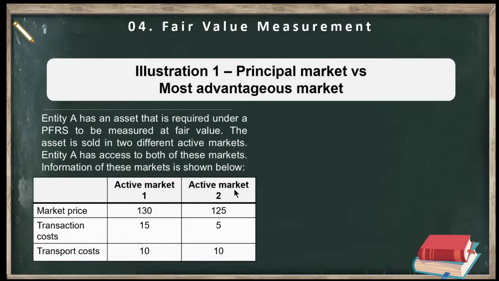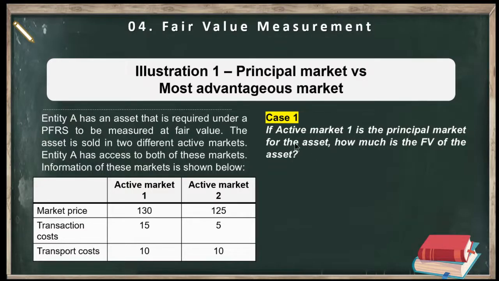So we have active market 1, active market 2. Then we have the market prices for active market 1 and 2, transaction costs, and the transport costs. Case 1, if active market 1 is the principal market for the asset, how much is the fair value of the asset?